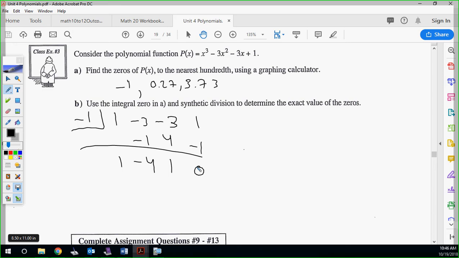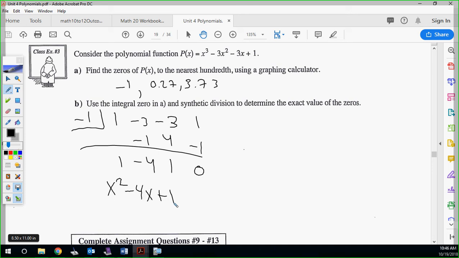What's left is x squared minus 4x plus 1. That's not factorable, obviously, because 1 only has factors 1 and 1, and that can't give me negative 4.